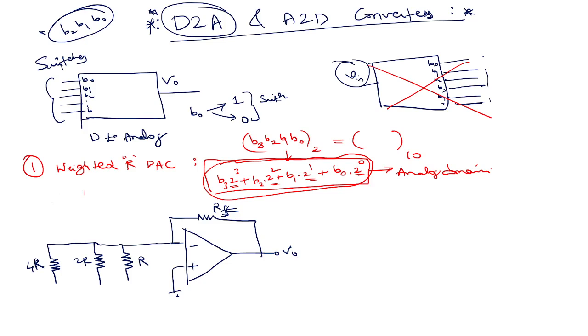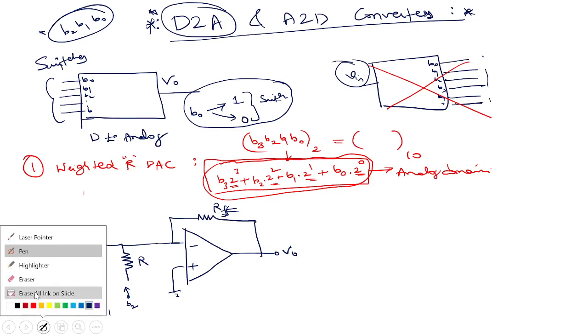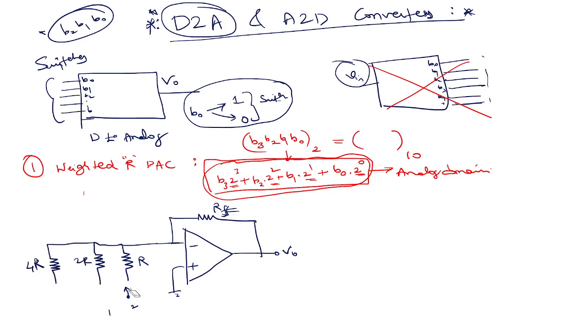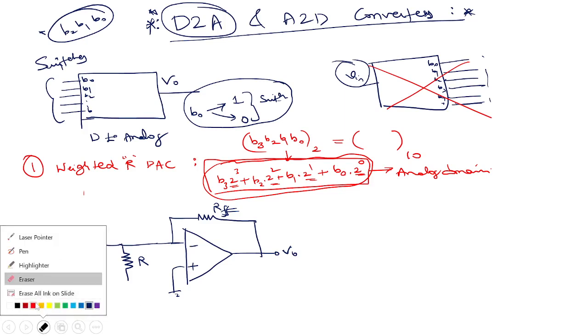Now what about the inputs? Where to give the inputs? I told you inputs are given through a switch, right? Let's say this is B2, B1, B0. Let me write it clearly. I just want to give you a little emphasis here.